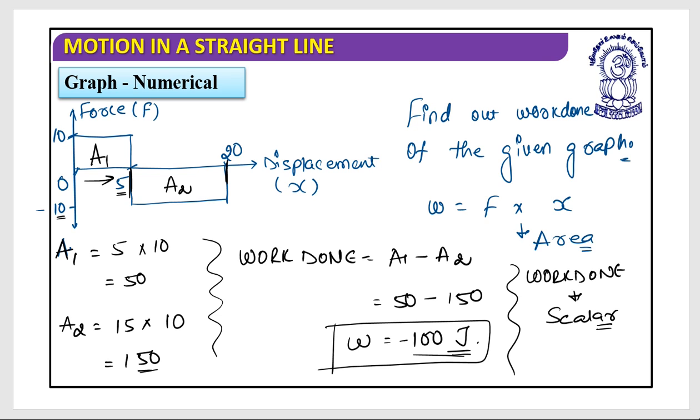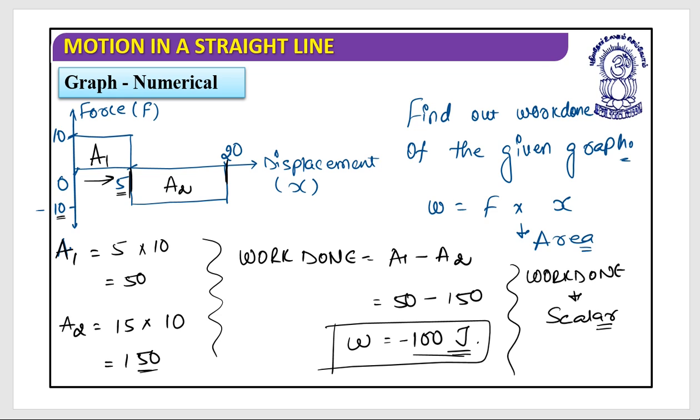So you don't consider whether it is a scalar or vector. You need to find out that this can have a positive value or a negative value. If it can possess both, then the area below the x-axis would be negative and the area above the x-axis would be positive.